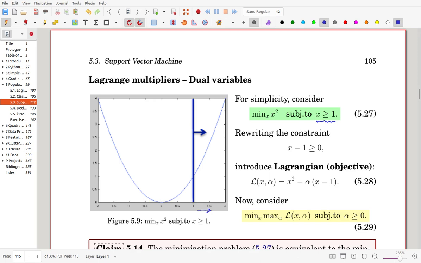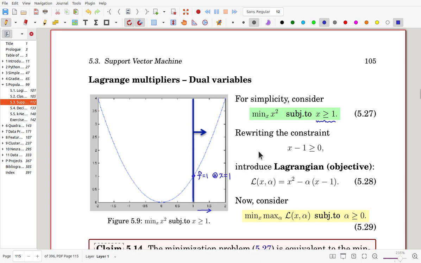Now for y equals x squared, we try to minimize, then apparently the minimum function value must be 1 at x equals 1, right? We know the solution. Now, by using the Lagrange multiplier technique, we'll try to see if we can get the same solution.